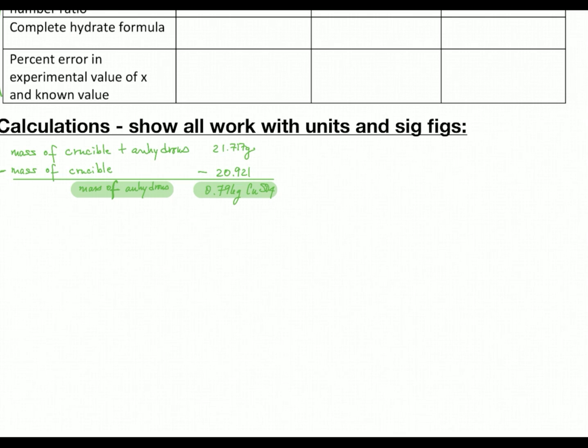Now, if we're trying to get a formula, formulas are counting ratios. We count in moles. So the mass is obviously something we need, but now we need to take that mass and transfer it into moles. So 0.796 grams of CuSO4 we need to go to moles.